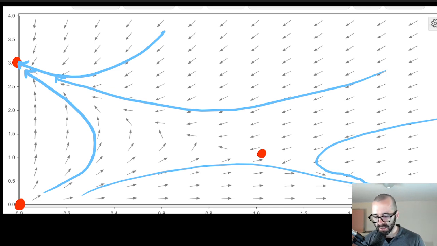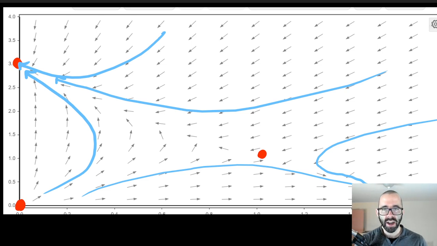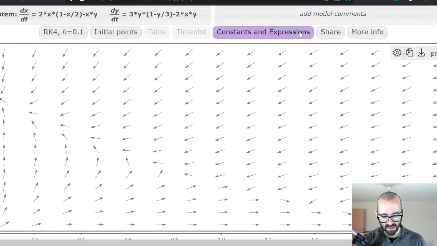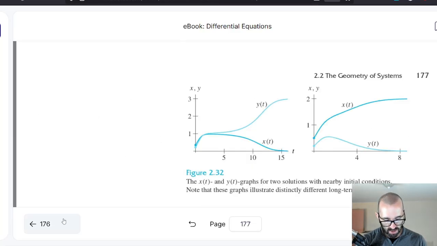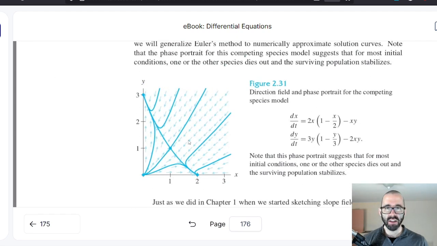So we could plot a lot of these ourselves, and this is sort of what we're going to get. And I think, if I remember right, no, I don't. But I can also show you a nicer phase portrait here from the book. You can get something that looks very similar to what we drew.